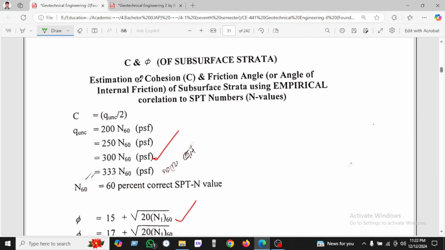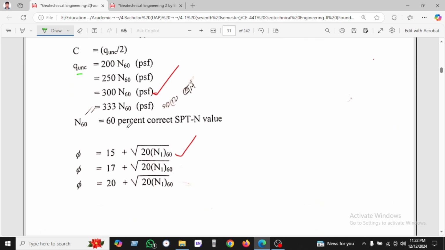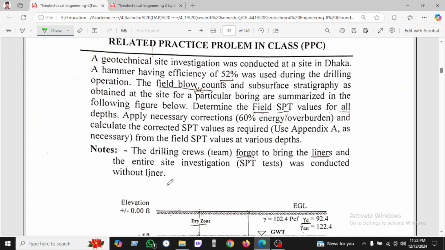Okay, here is the Q and C subsurface strata. We know C equals Q divided by 2. For N160, it is used, and N60 is the percentage of the correction value. Phi equals 15 plus the square root of 20 times N160, but we will use another example also.